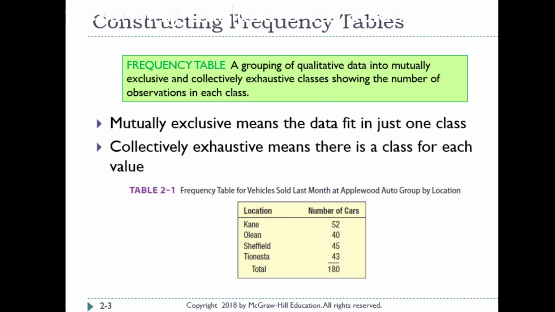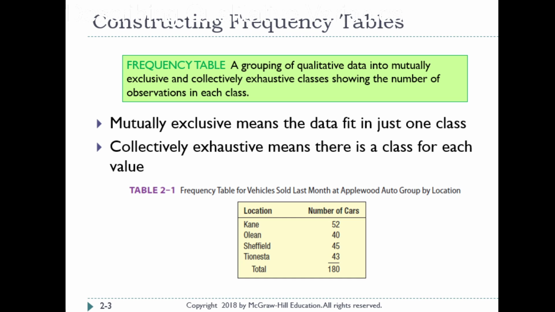So in this example, the location and number of cars, you have the locations, and I think these are the sales locations, so these are probably the 4 towns, and the number of cars. Okay, so we'd have a big list of all the cars sold, and it would have included the location where they were sold, and it's very helpful to have that summarized in a frequency table.